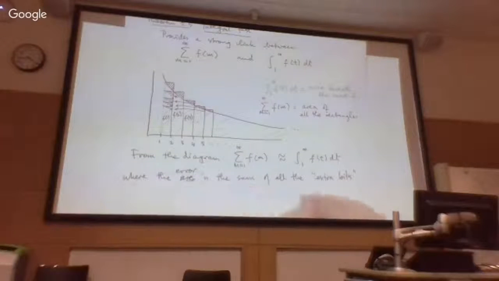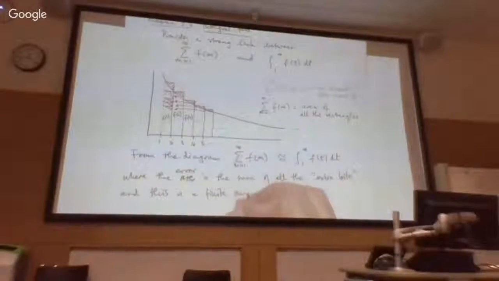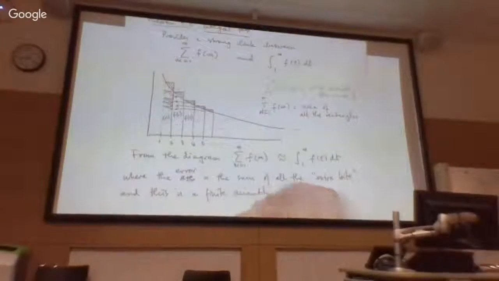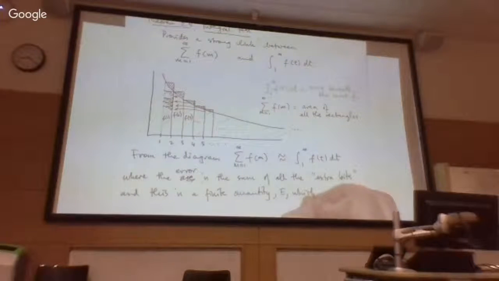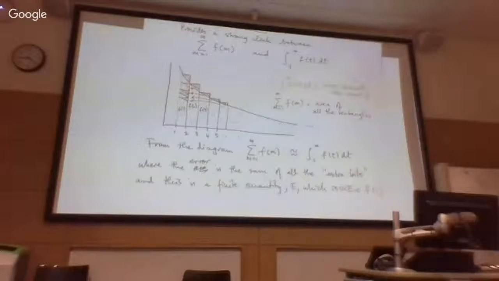So the sum of all the extra bits is a finite quantity. Let's call it E. E is certainly less than f(1), since it fits inside that first rectangle.